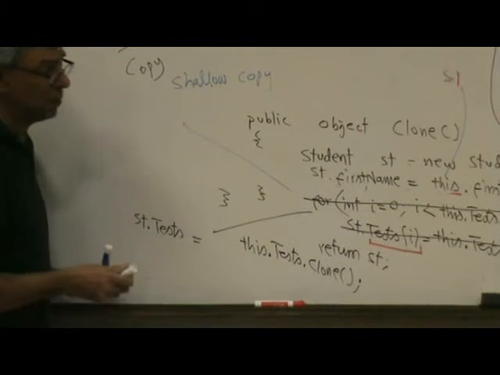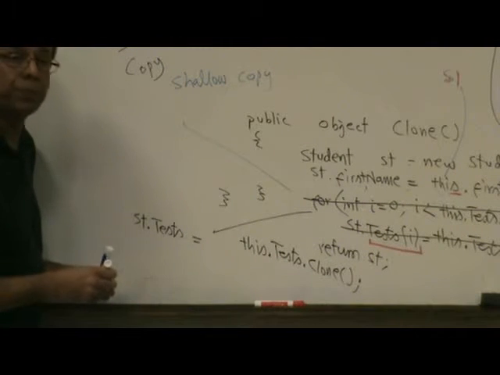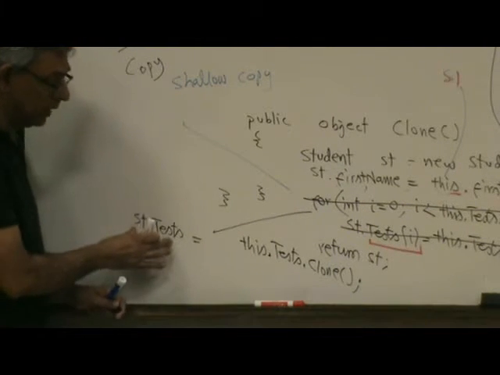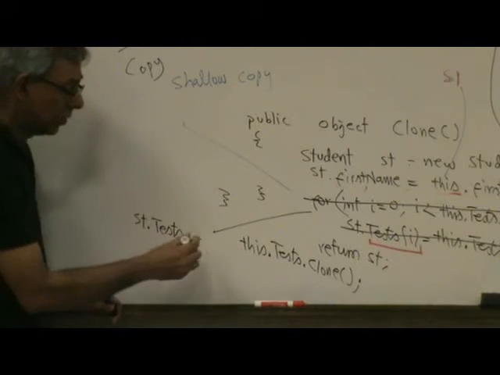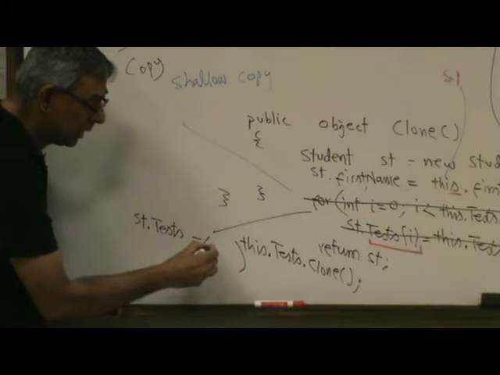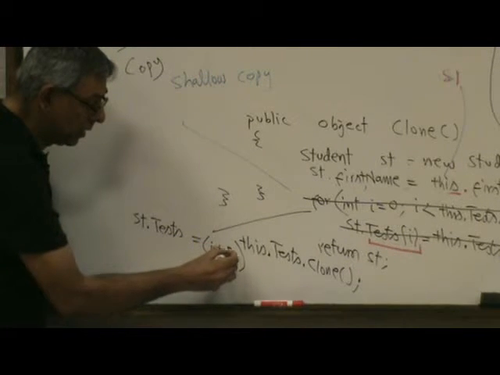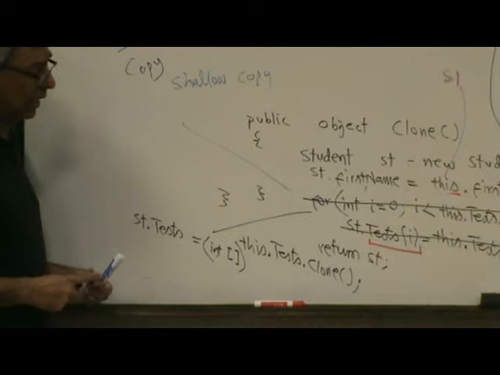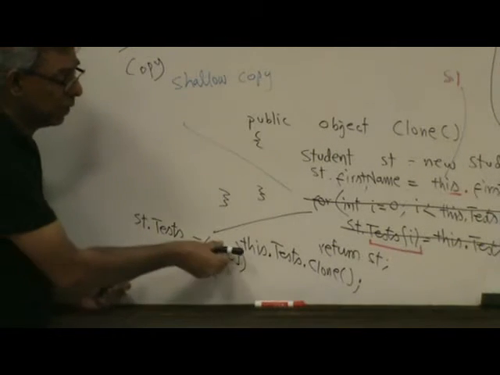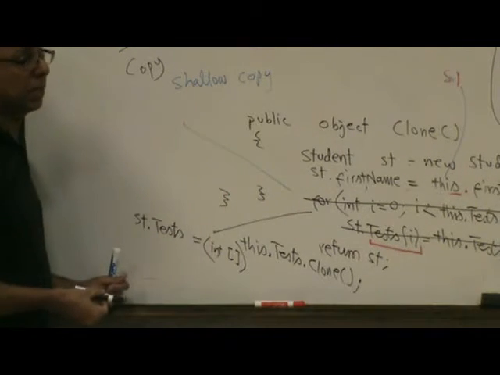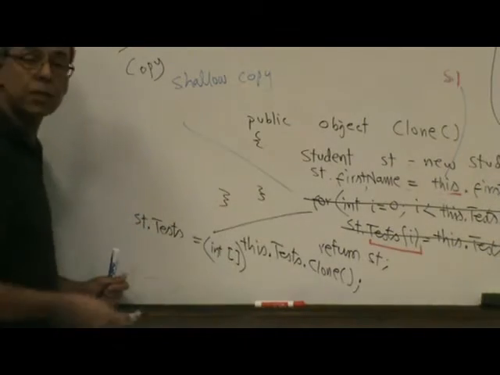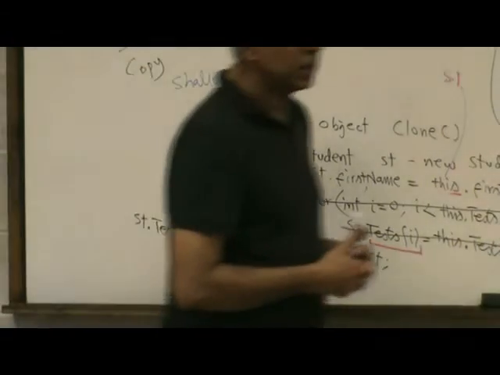But what does the clone method return? Object. What is the left-hand side? An array of integers, right? So now you will have to typecast it to int with empty square brackets indicating it's an array. So this one line of code will be a lot better than writing two separate lines, right? Okay.